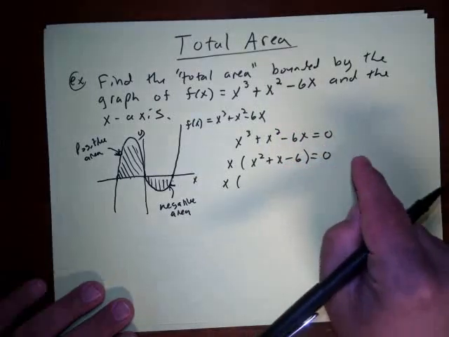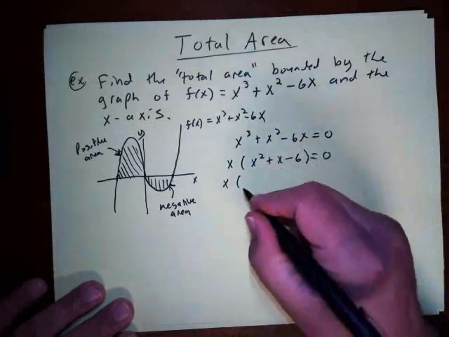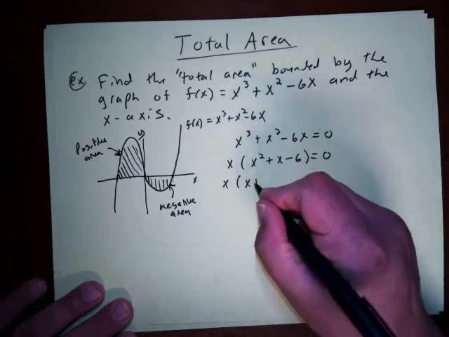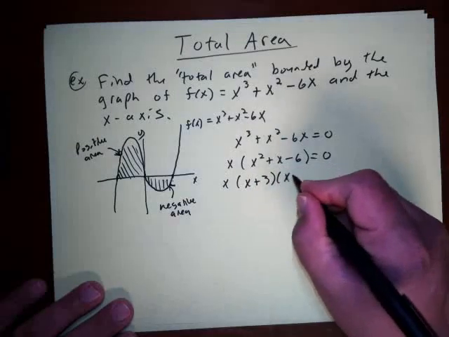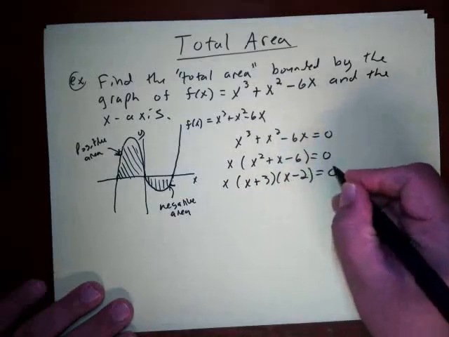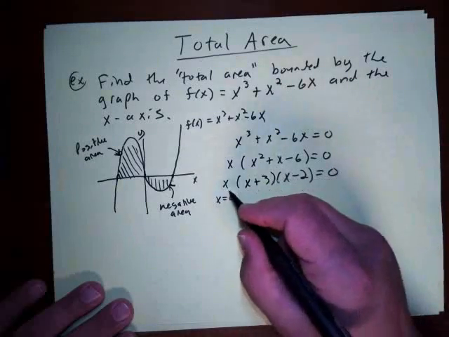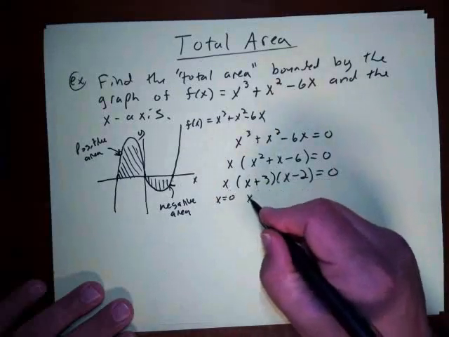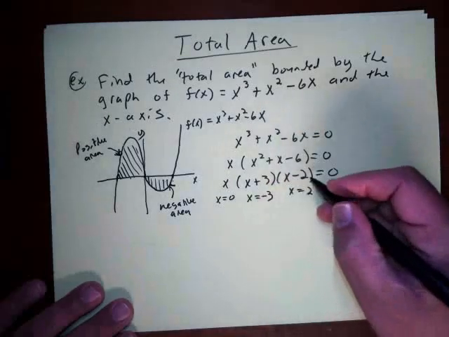So one needs to be positive and the other one needs to be negative. The 3 is going to be positive in order to give me a positive x here, and then the 2 will be negative. So this gives me a root of x equals 0, x equals negative 3, and x equals 2.